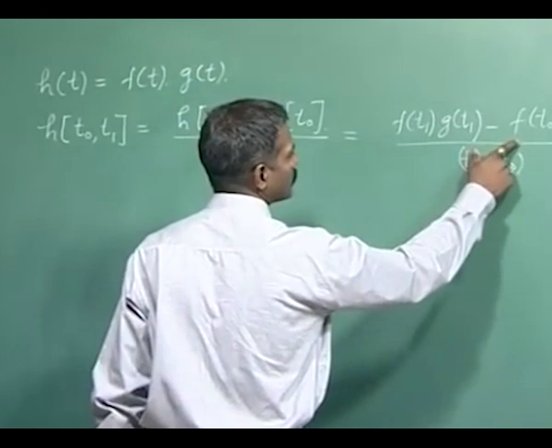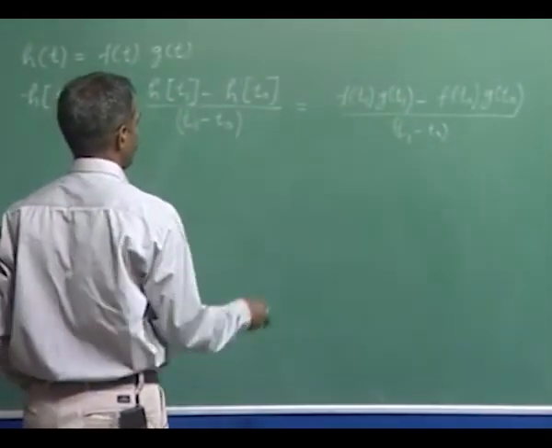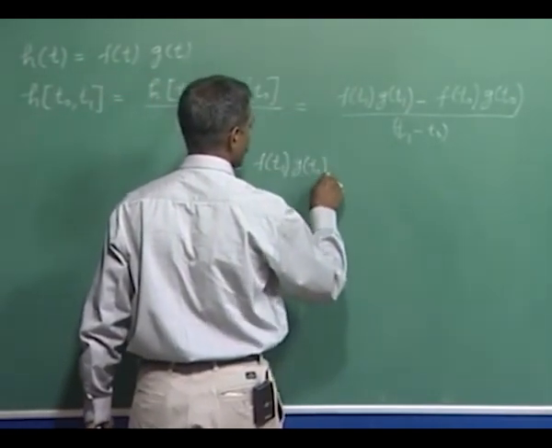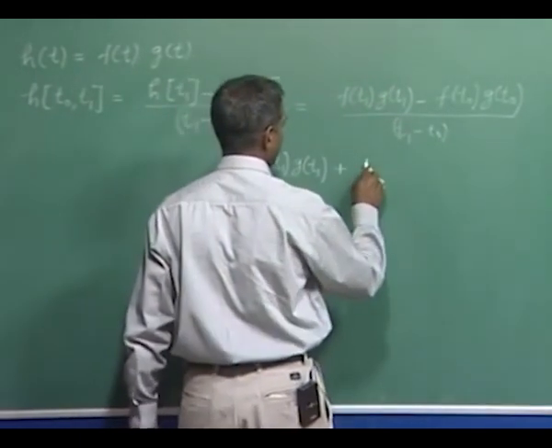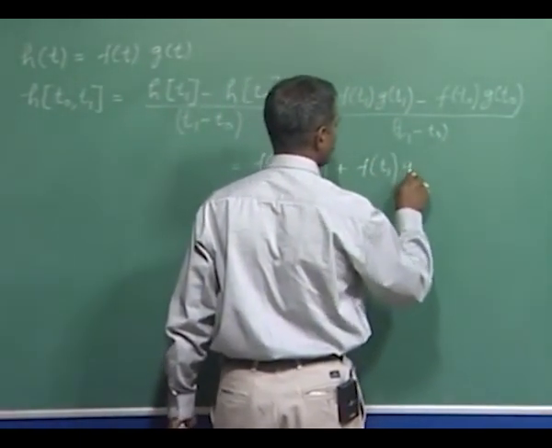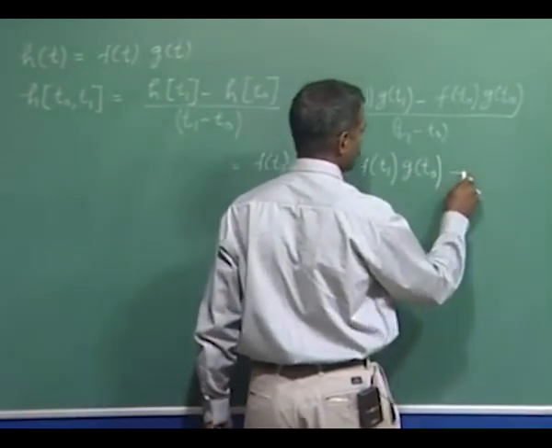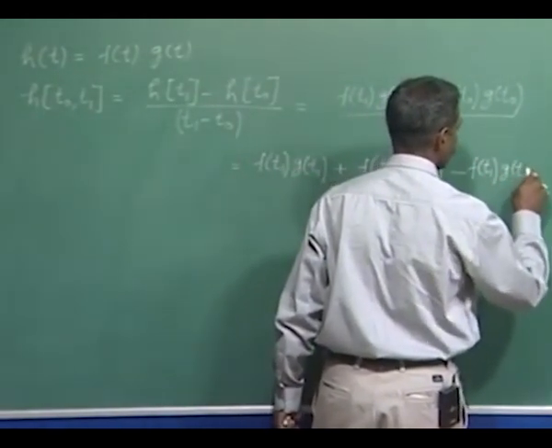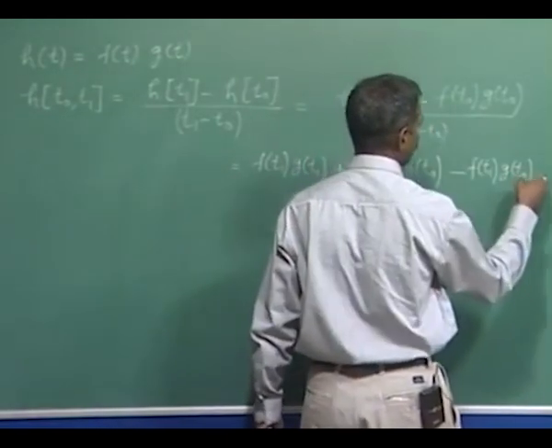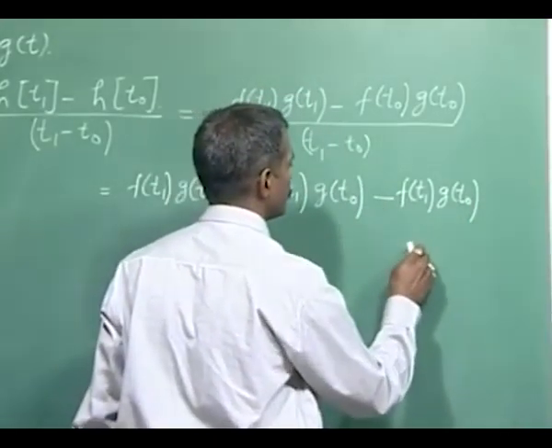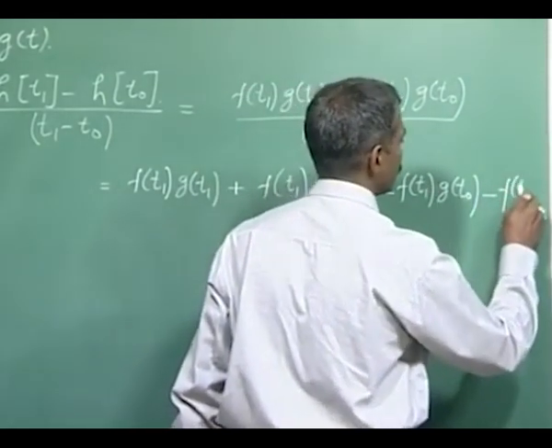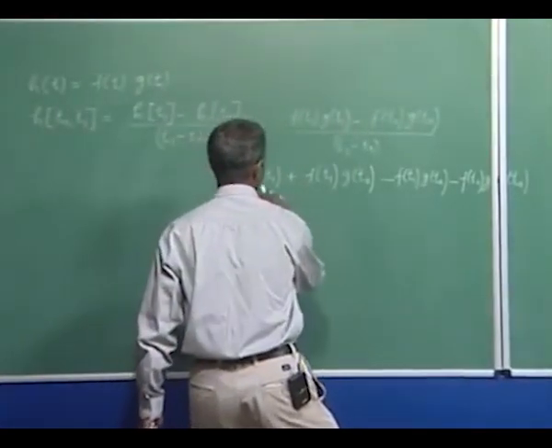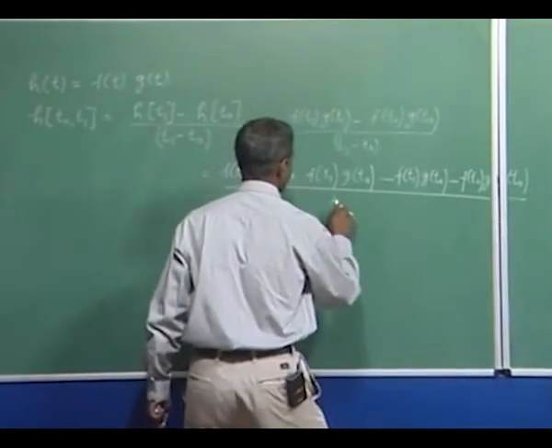I'll add and subtract one term here. I can write this as f of t1 g t1 plus f of t1 g of t0, minus, I'll subtract the same term here, f of t1 g of t0, and I'll borrow this term from here, minus f t0 g t0, over t1 minus t0.